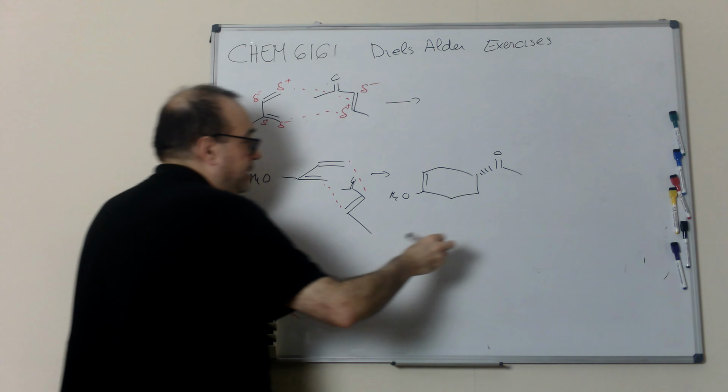Go for the second one. The second one, basically we are reacting exactly the same as before, but this time with a substituent here. That will be a methoxide.